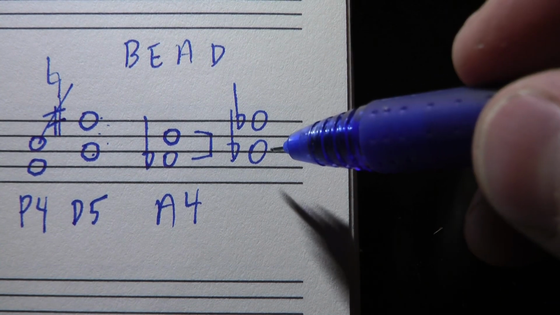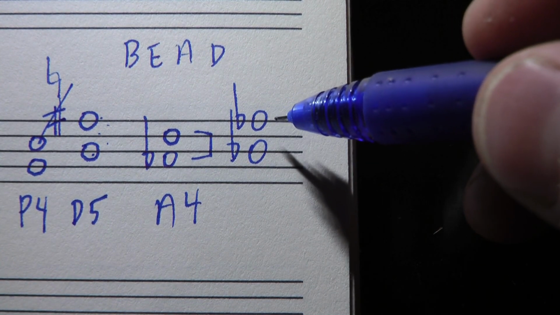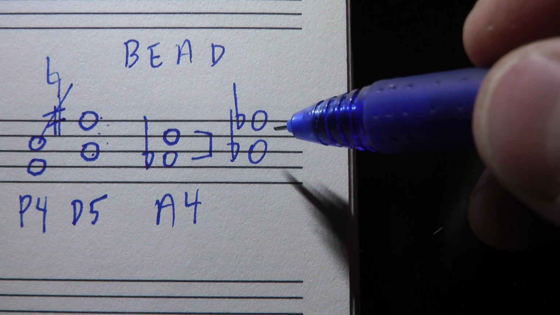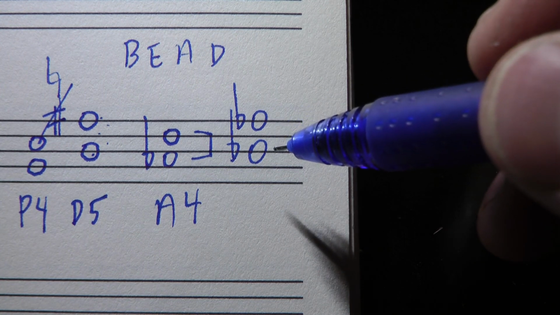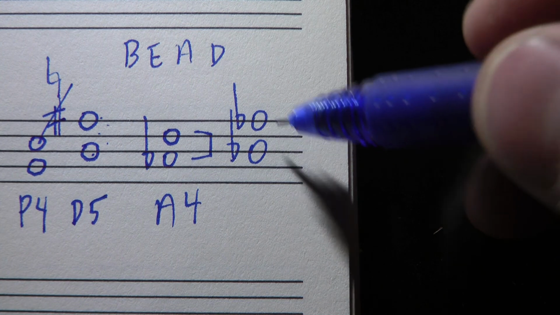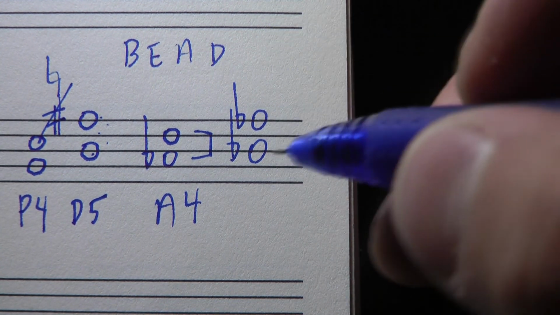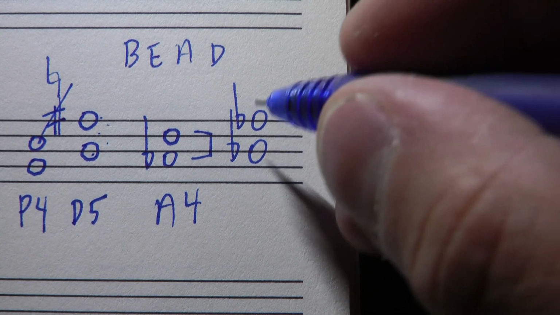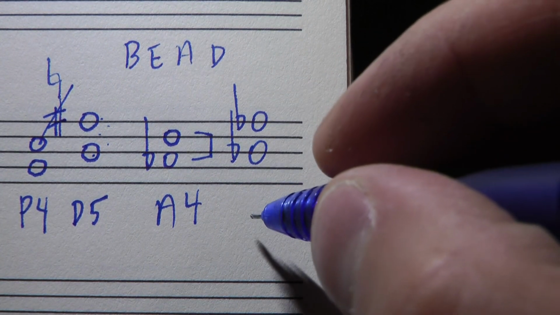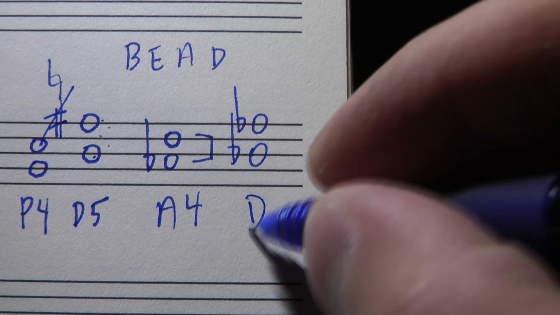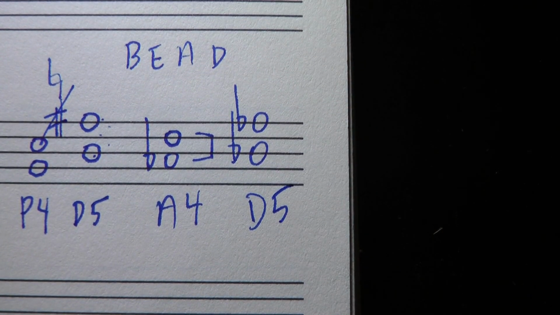In the key of B flat major, is F flat? What is the key signature of B flat major? B flat and E flat. F would have to be natural. Therefore, this interval is compressed by a half step. So students, it's a diminished fifth.